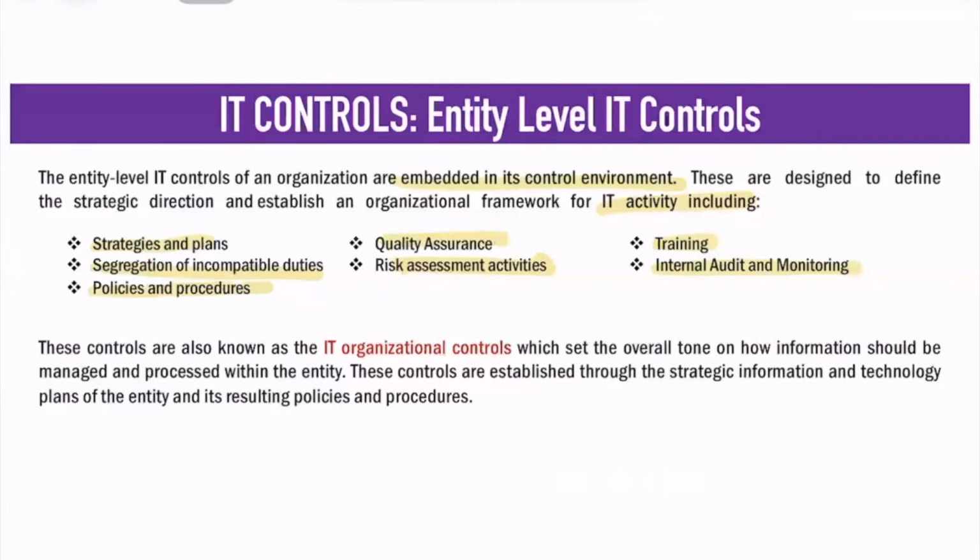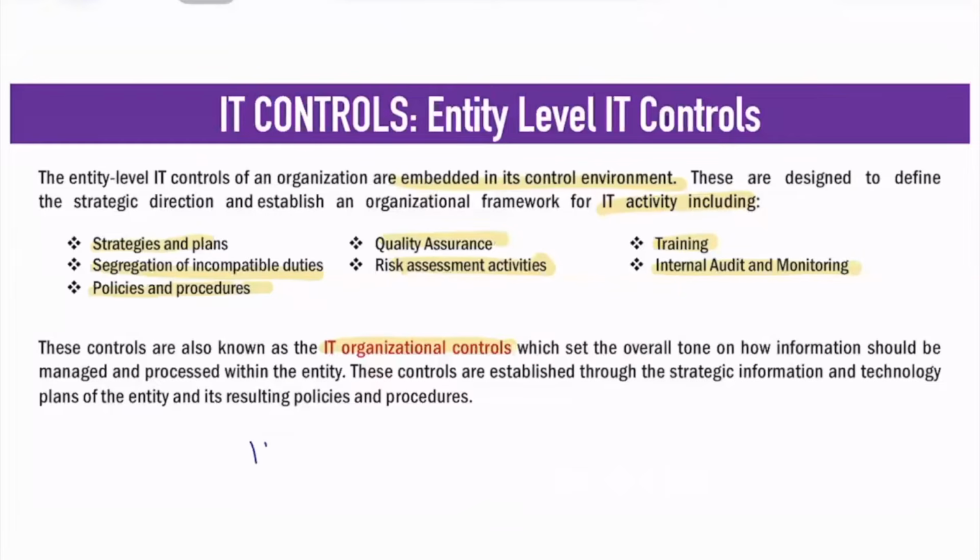So normally, therefore, this particular entity level IT controls is the tone at the top. So these are known as IT organizational control. We said it is the tone at the top because, again, it pertains to the whole environment.